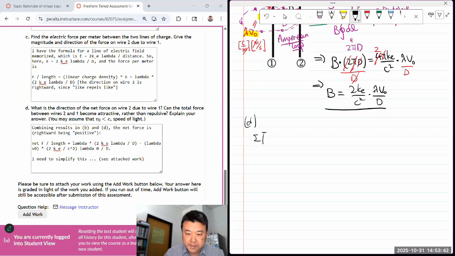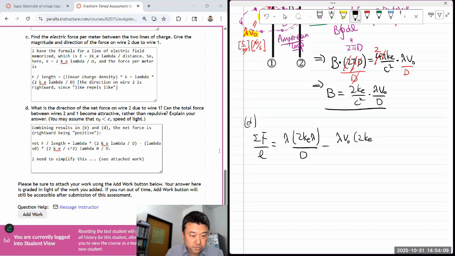So I have my net force per length is equal to, let me write down the first term. I probably should combine the lambda, because I see lambda squared basically. Divide by d minus lambda v naught 2ke.